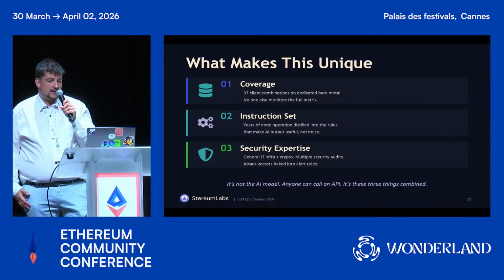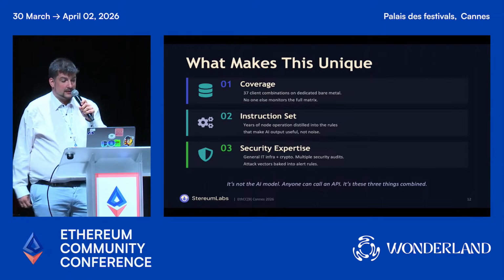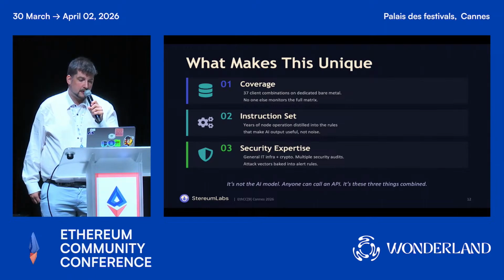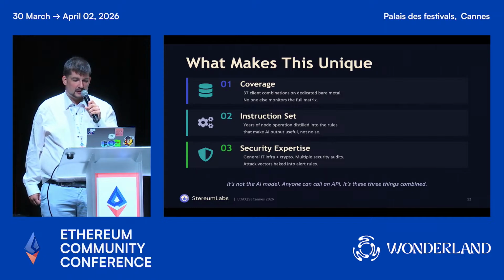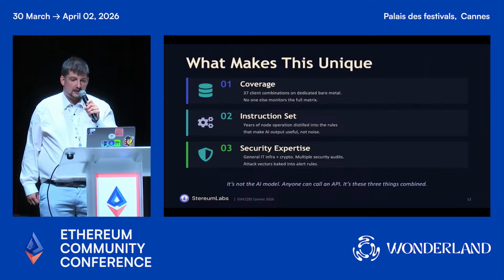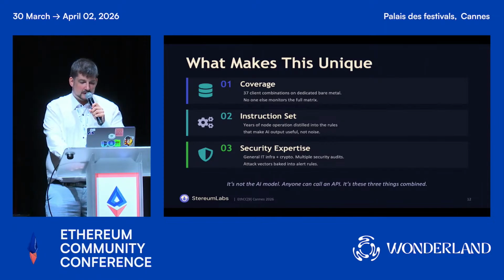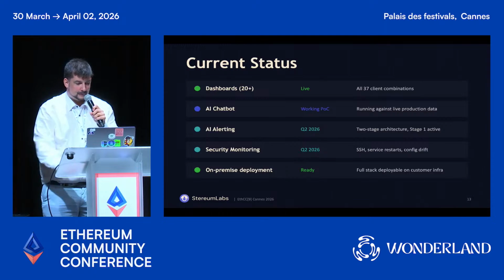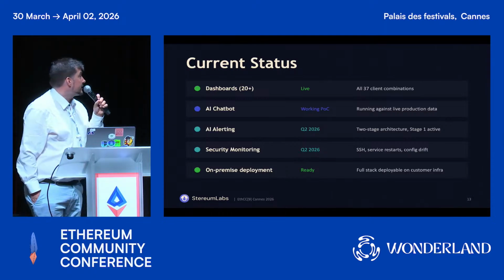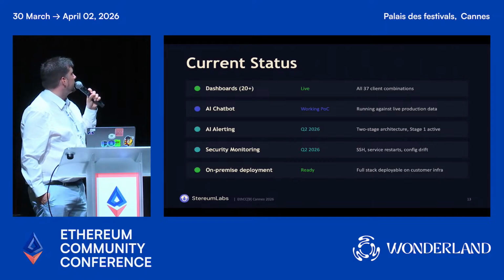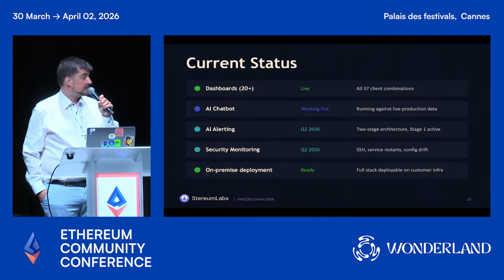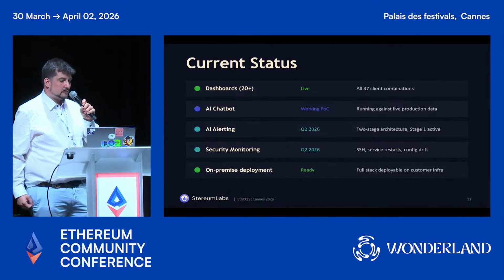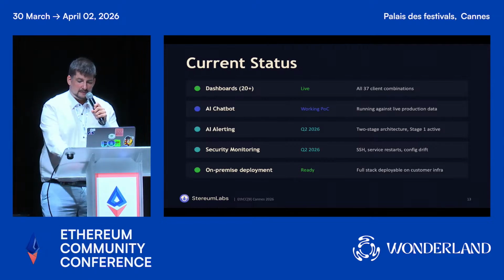Of course, the instruction set, which is based on years of staking knowledge since the merge, and of course our security expertise, shaped by the ISO certification but also by long experience running nodes ourselves and dealing with every issue. The current status: I think almost everything is running, and the rest is coming soon in Q2. So if you want access to AI alerting and security monitoring, just connect and you might get early access.